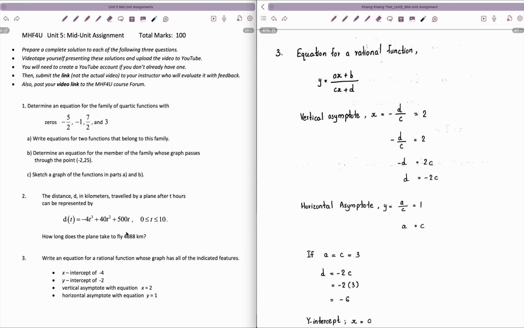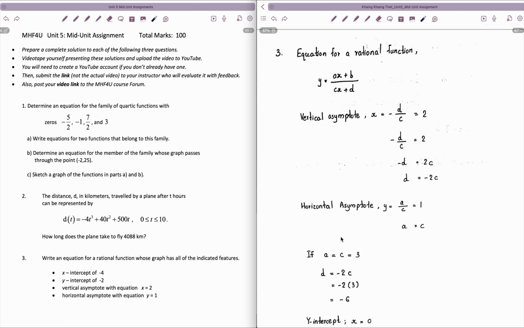Write an equation for a rational function whose graph has all of the indicated features: x-intercept of negative 4, y-intercept of negative 2, vertical asymptote with equation x equal to 2, horizontal asymptote with equation y equal to 1.